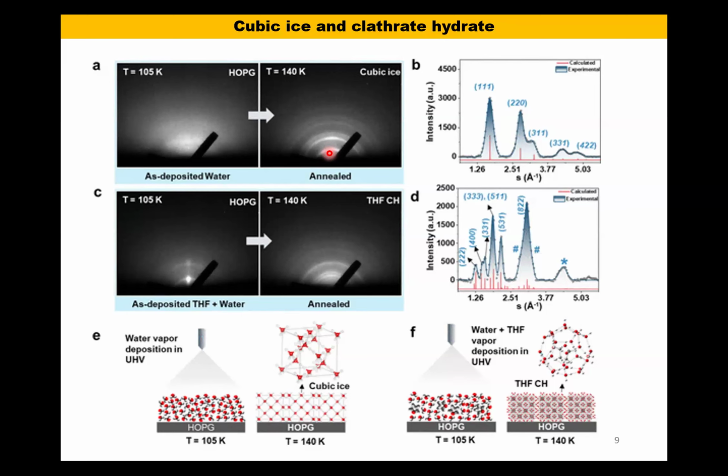Okay. At very low temperature, when you deposit vapors on a very cold substrate, it's called quenching or hyperquenching. You don't give enough time to the molecules to crystallize, so it forms amorphous solid water, high density.